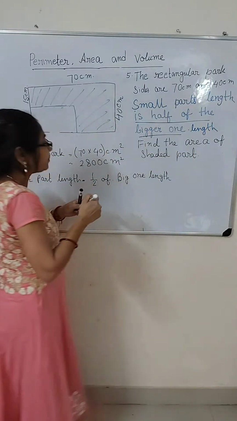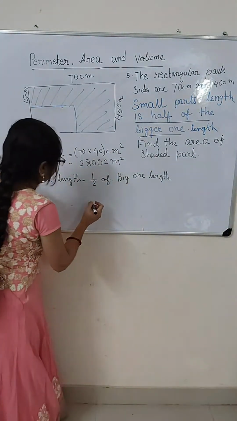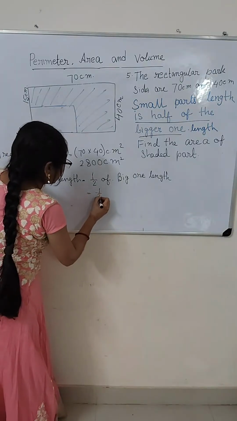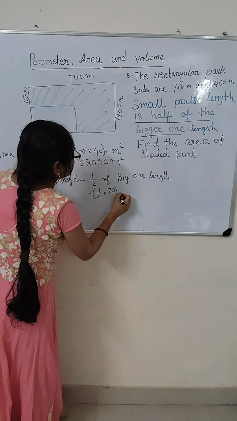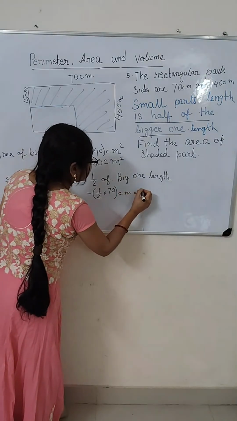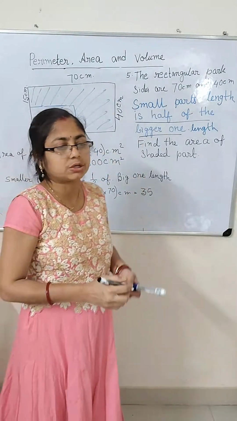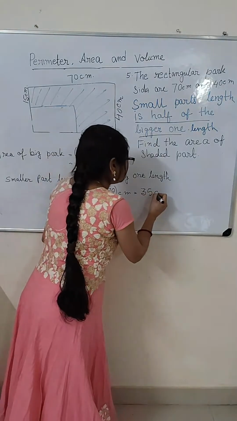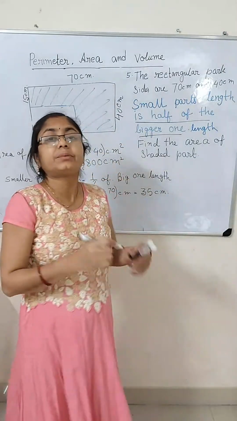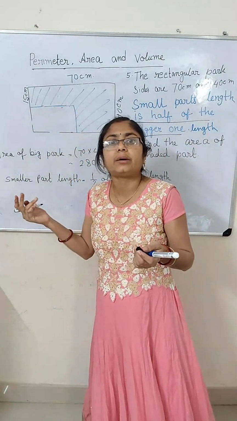So what is the bigger one's length? It is 70. So I write half into 70, it is centimeter, means 35. Now come to the second question. I know the length is 35 centimeter, but do you know the breadth of the rectangle? No, because there is no data.